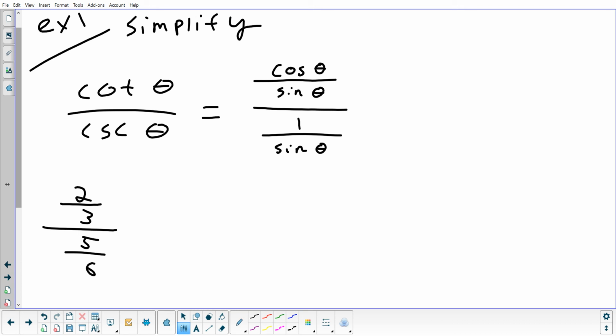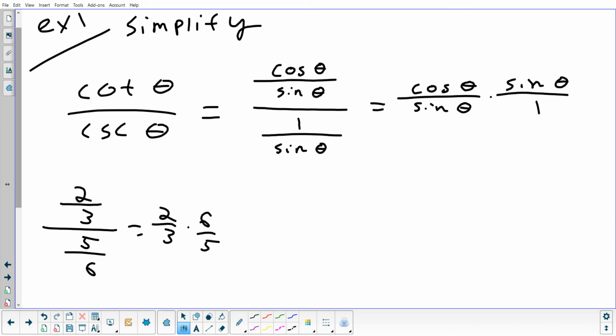You're multiplying the numerator, that stays the same, by the reciprocal of the denominator. You're going to do it exactly the same way. Everything that we really do with arithmetic, we can do the same thing with trig. So keep the top the same. And then multiply by the reciprocal of the bottom.